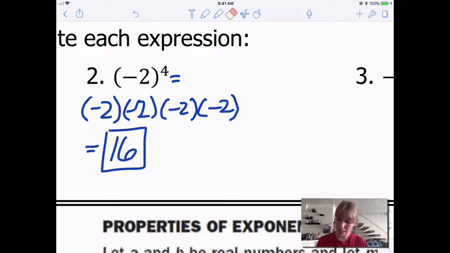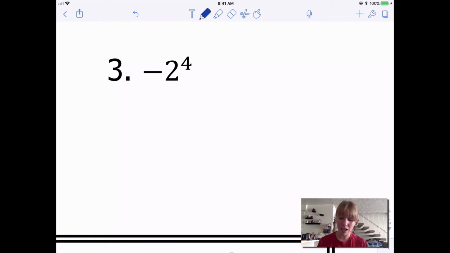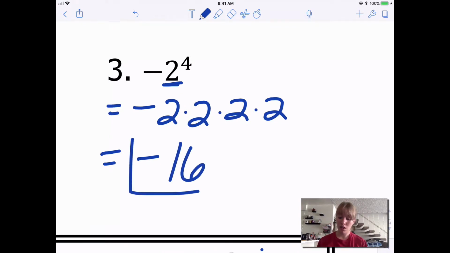That is not the case with number 3. The negative is outside, so I have a negative outside, and then I want to multiply 2 by itself 4 times. So I have negative 2 times 2 times 2 times 2. I only have one negative, so my final answer is negative. And then we know that 2 times itself 4 times is 16, because we've already done that. So our final answer is negative 16.